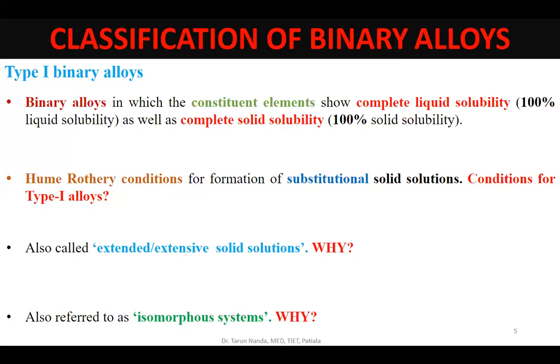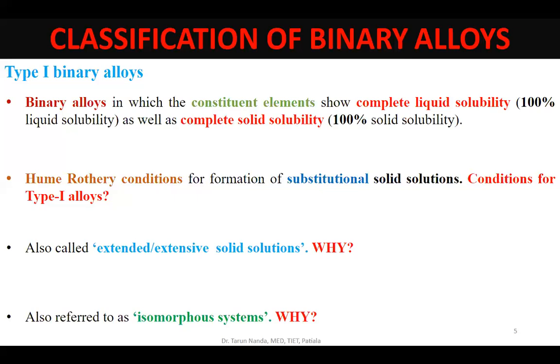The first condition is of their crystal structure. Their crystal structures must not be very different. Atomic size: he had said that the two elements' atomic sizes must not be very different, must not be more than 15%. Then chemical affinity. In the third rule, Hume-Rothery had said that if two elements have to form a simple solid solution, they must not have great chemical affinity.